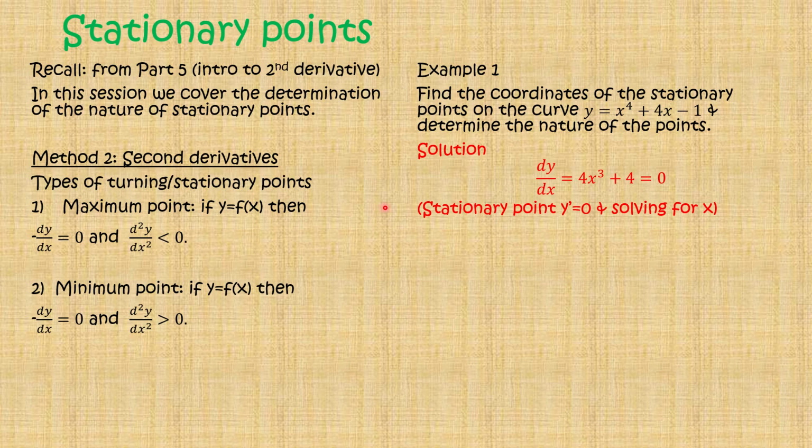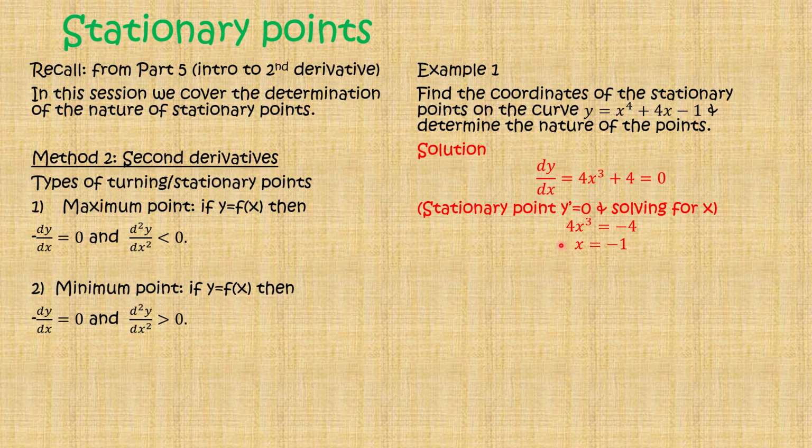Now, after equating to 0, we go on to solve for x. So in this case, we have 4x cubed is equal to minus 4, because we shifted the 4 to the other side. Dividing both sides by 4 and finding the cube root of both sides, we get x being equal to minus 1.